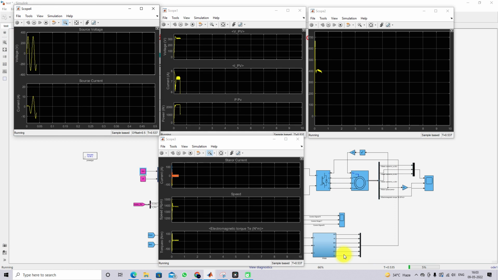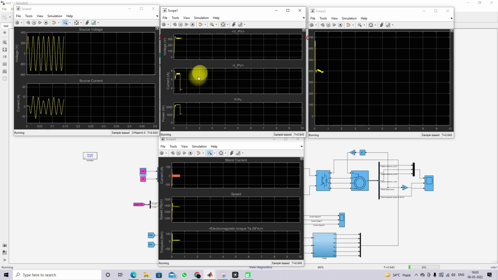After changing the irradiation, you can see that the power of the PV changed to 150 watts because of the change in irradiation from 1000 watts per meter square to 500 watts per meter square. So because of that, power generation is reduced, right? But we are operating the induction motor at a rated condition. That means we are operating the induction motor water pump at 2.2 kVA.